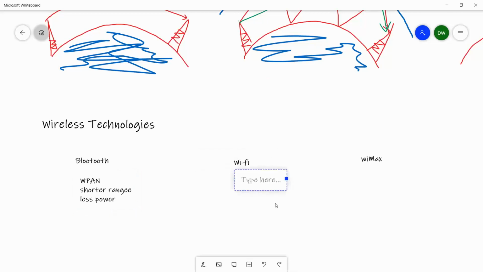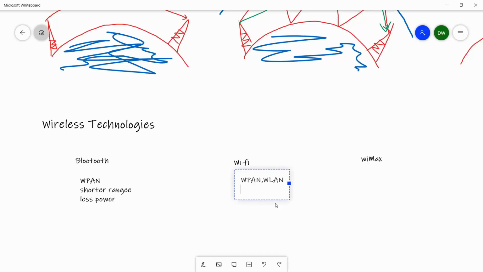So when it comes to Wi-Fi technology, this Wi-Fi technology mostly considers WPAN, that means wireless personal area network, as well as WLAN, that means wireless local area networks.